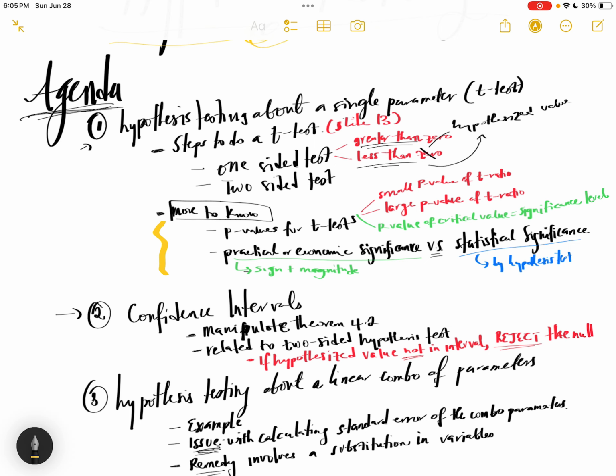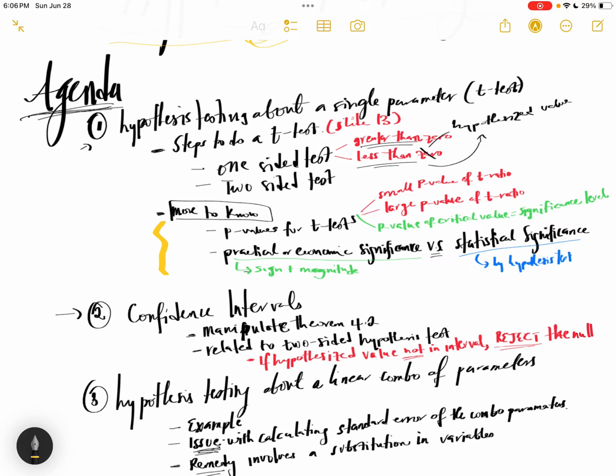Okay, so we've made our way down here to the additional things that we need to know about p-values. I need you to remember that the p-value of the critical value is the significance level. Remember, to find the critical value, we needed the significance level and degrees of freedom. The significance level and the degrees of freedom allow us to find a critical value.